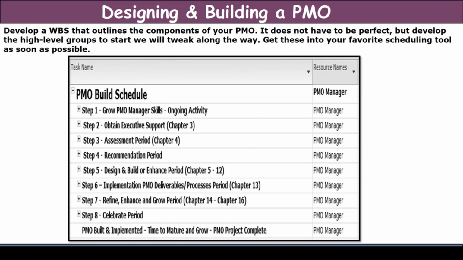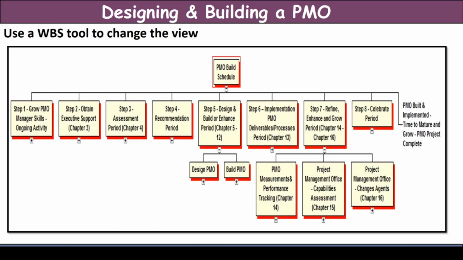So this is what it's going to look like. You're literally going to build out your steps. You're going to put your resources on them. And basically, you're going to drive building a plan for this massive effort of building a PMO. Now, how many times do you hear, we don't like to look at Gantt charts. We don't like to look at project schedules. They're too complicated, blah, blah, blah.